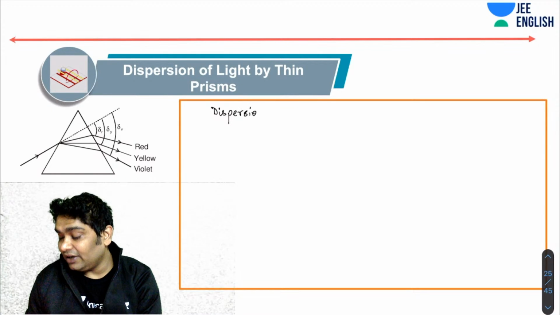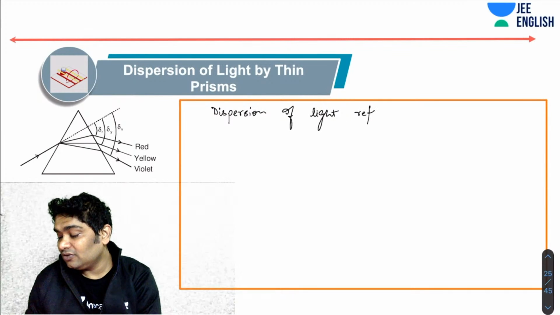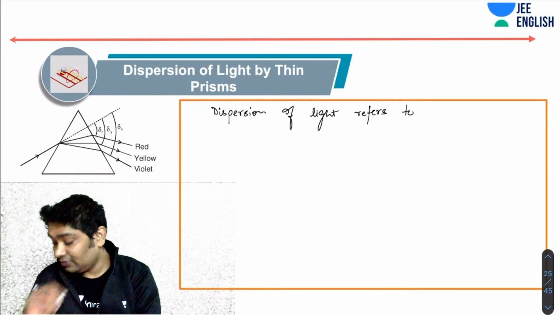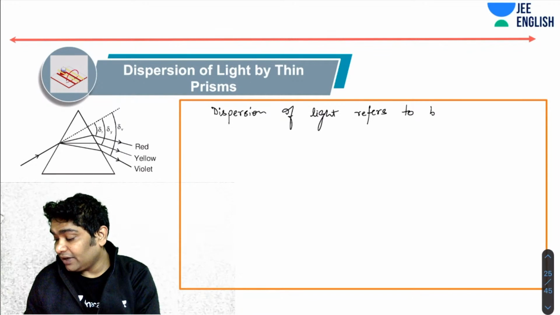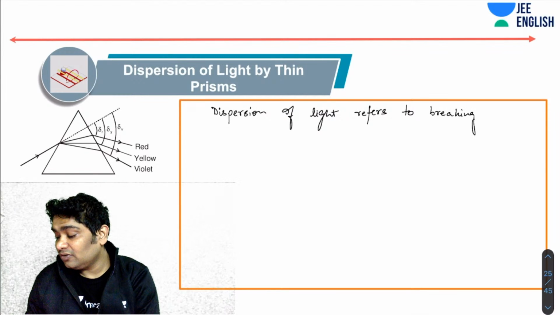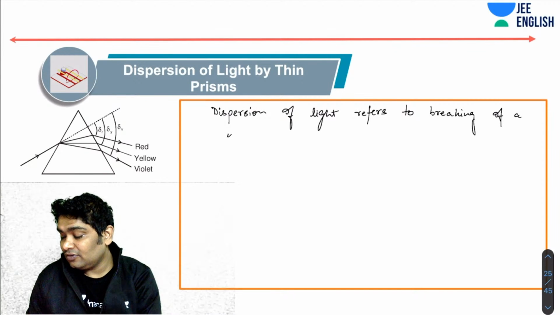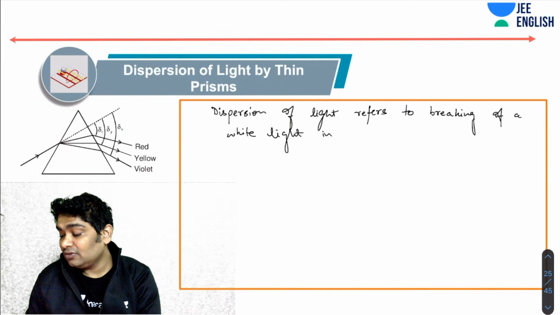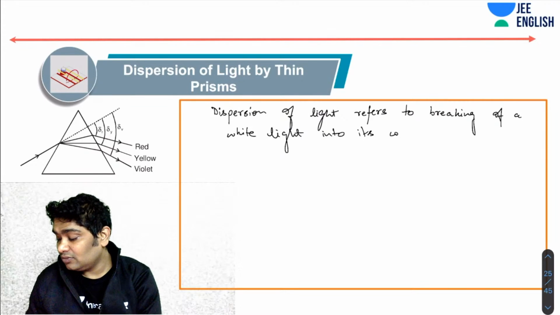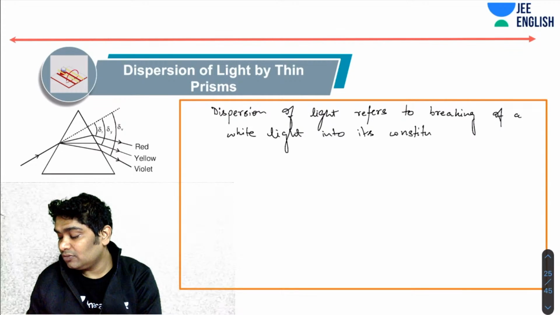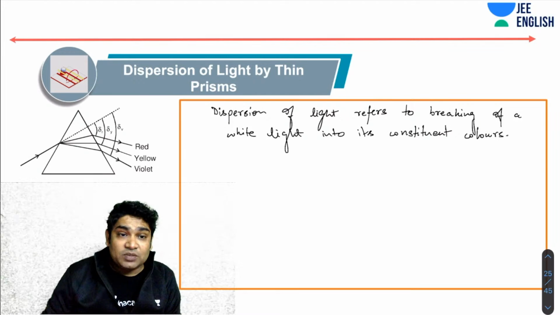Dispersion of light refers to breaking of white light into its constituent colors. Correct. So that is what we call dispersion of light.